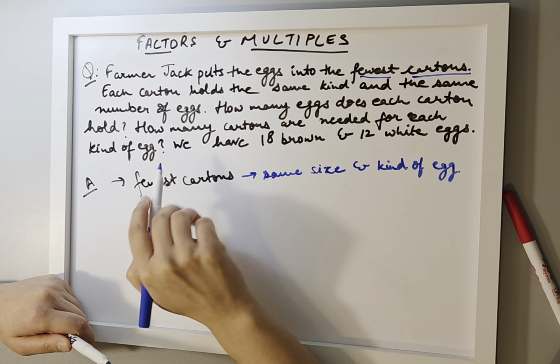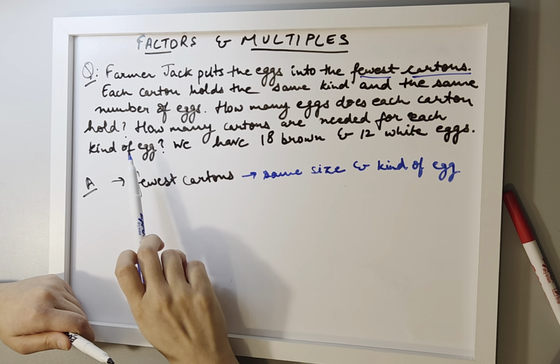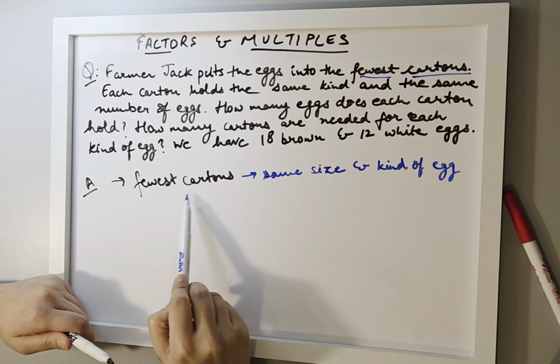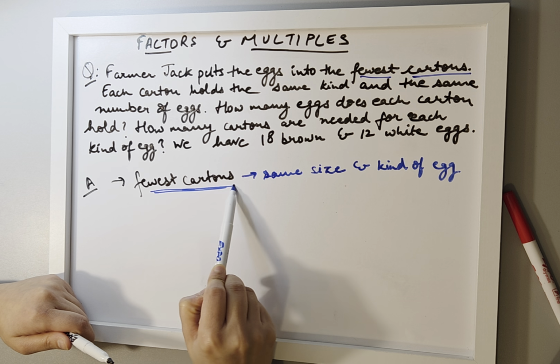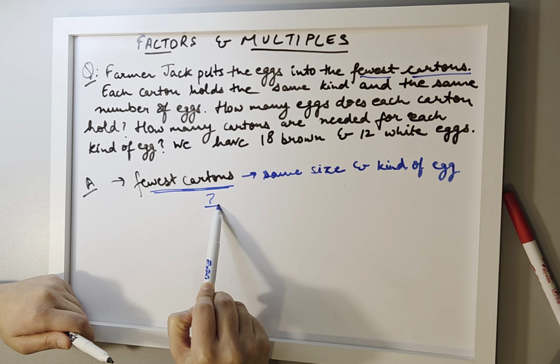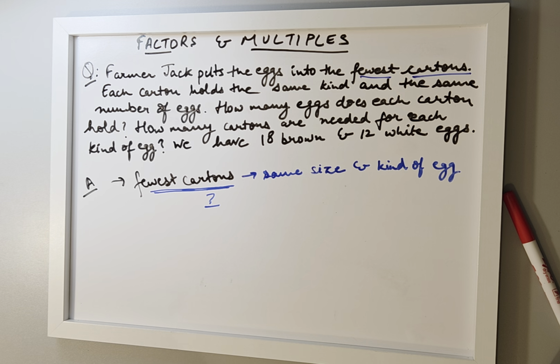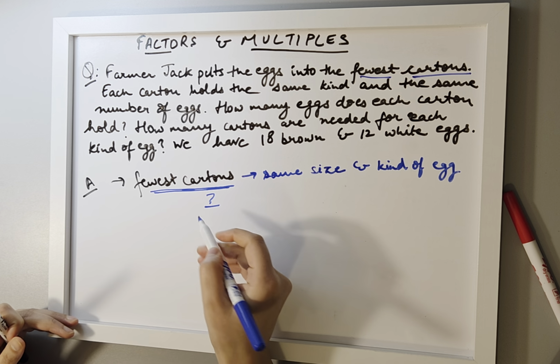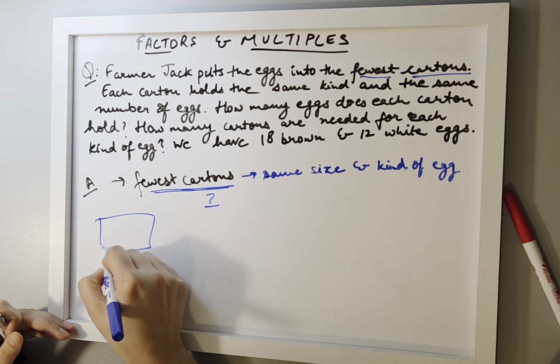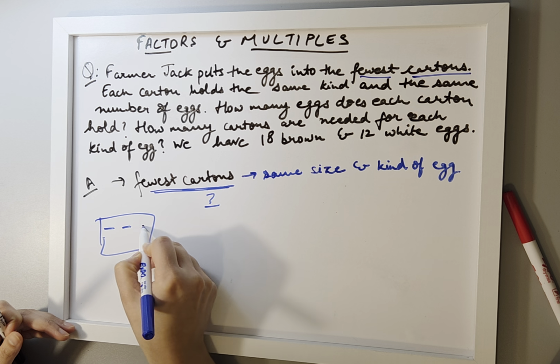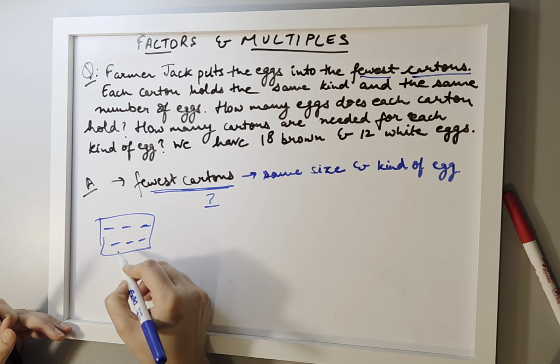Okay, how many eggs does each carton hold? So basically we have to find the capacity of the carton. If this is a carton, how many eggs can fit in it?